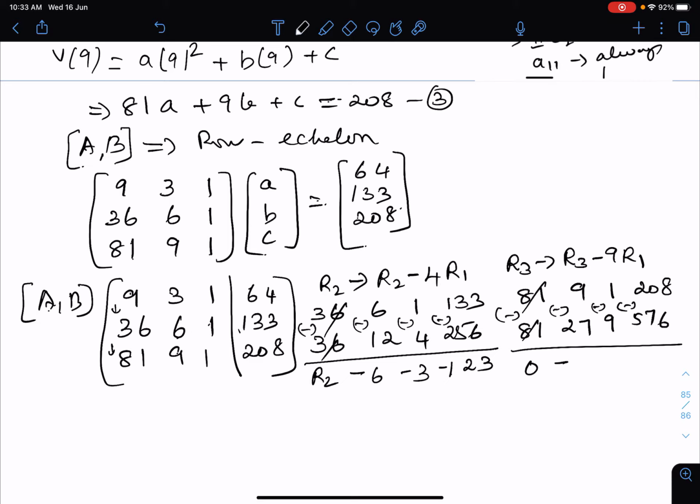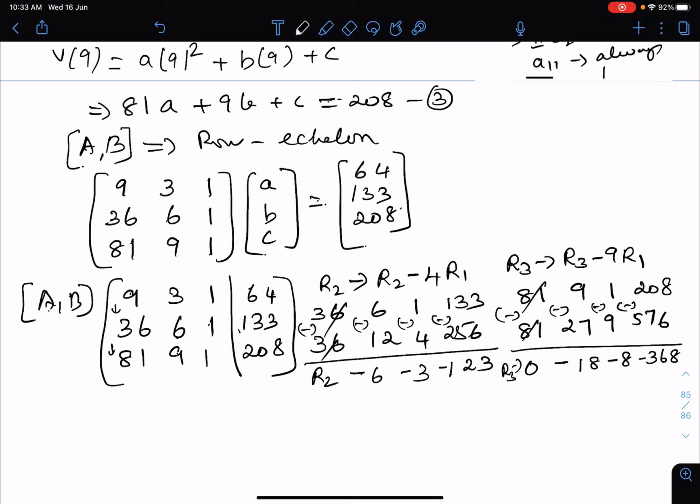This is going to be minus 18, minus 8, and minus 368. Now this is going to be our row 3.